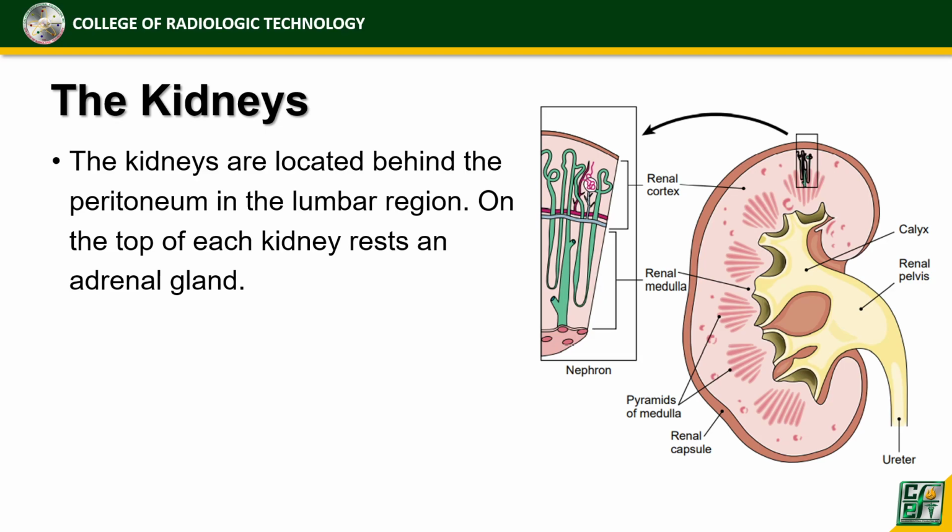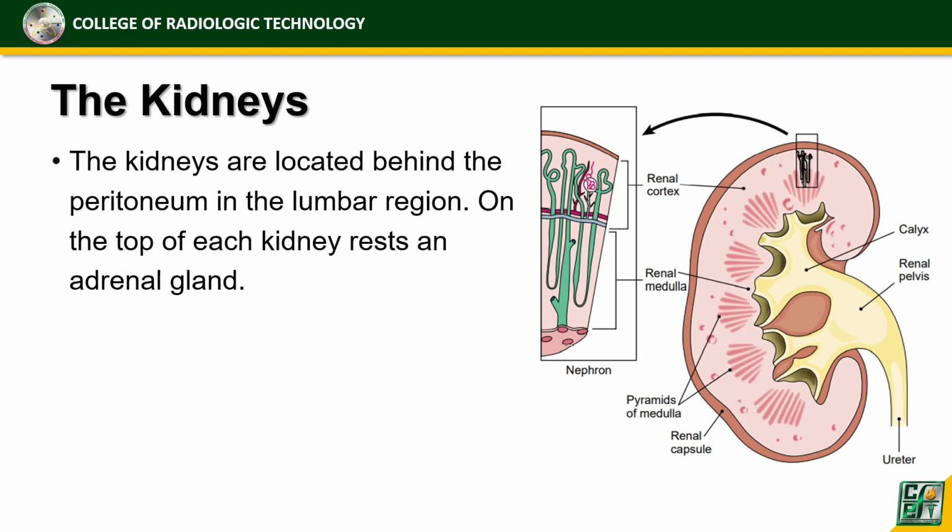Okay? So in the kidneys, you will also see the structures of the kidneys. The kidney is a bean-shaped organ, parang red bean na ang kanyang shape. May mga parts siya such as the renal medulla, the renal cortex, the pyramids of the medulla, and the renal capsule.